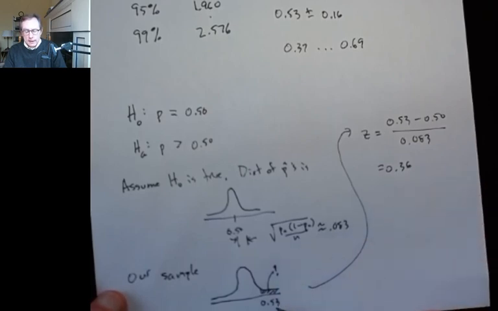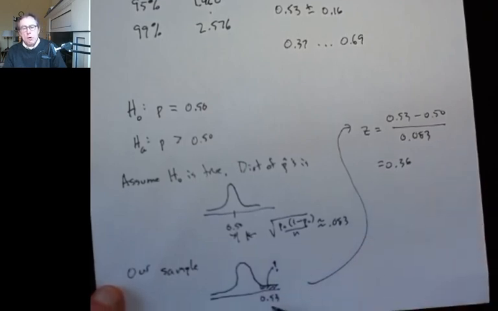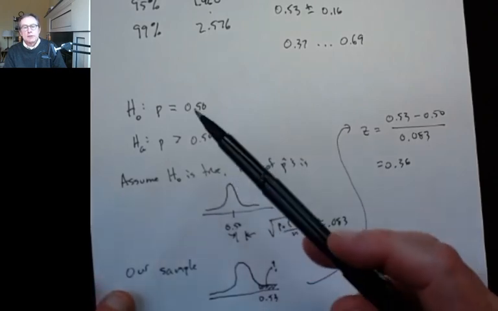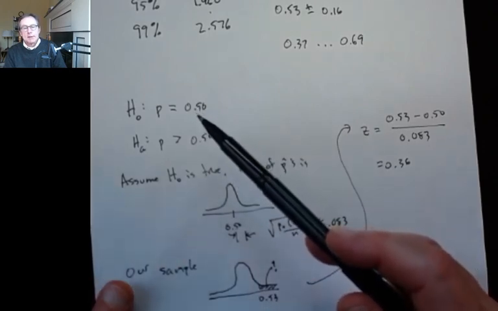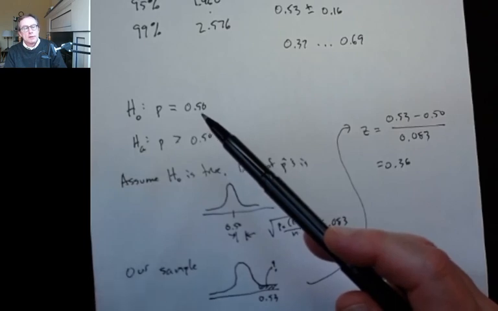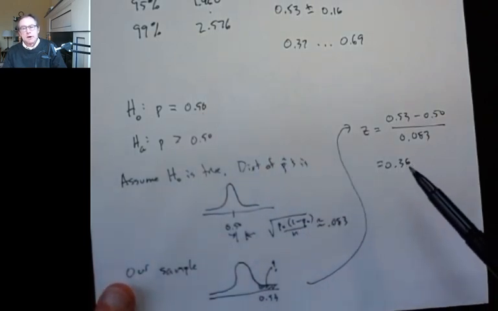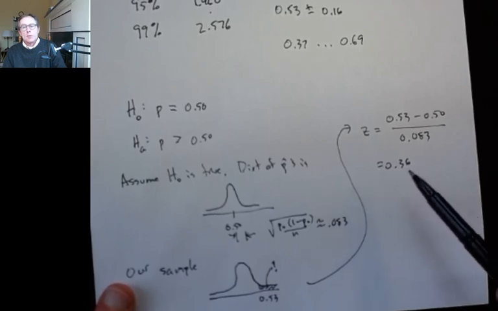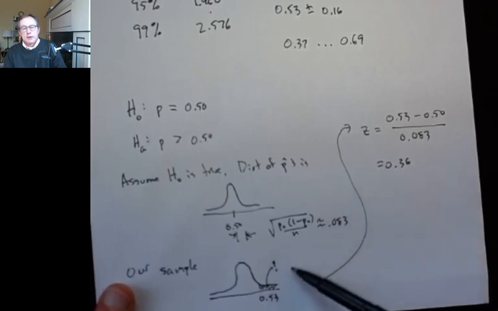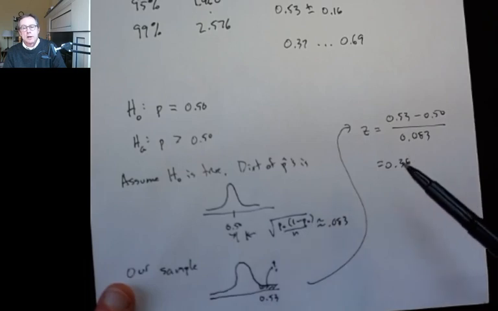So we're asking, is 0.53 so far out on the curve that the H naught people would say, I can't believe you got such a freakishly far out thing by accident. I think maybe I must be mistaken. This is not freakishly far out on the curve. This is perfectly everyday. We are going to find that the p-value, this shaded area, is not small. Instead, the p-value is going to be large.